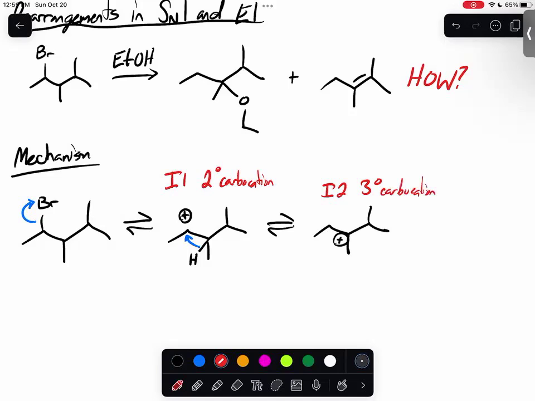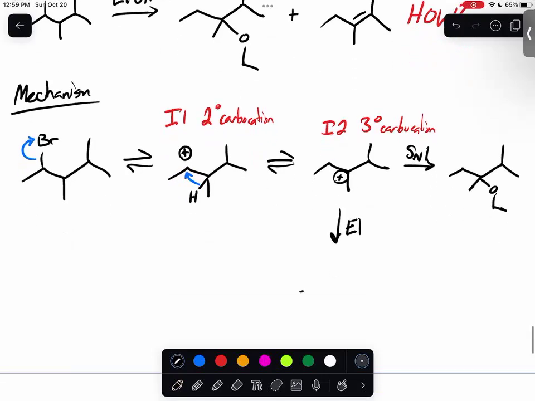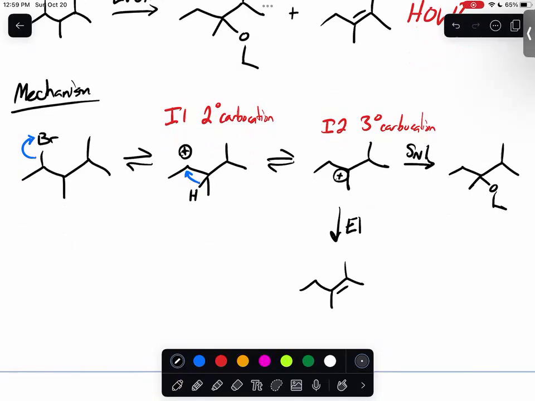All right. And what this does is now, if you think about it, it's not too hard to imagine. Of course, from here in SN1 would add the group onto that piece. And of course, from here in E1, the most stable alkene from the position that we're sitting at would be the tetrasubstituted with that alpha carbon. So these are occurring under those conditions, and it's clearly doing this shift, right?